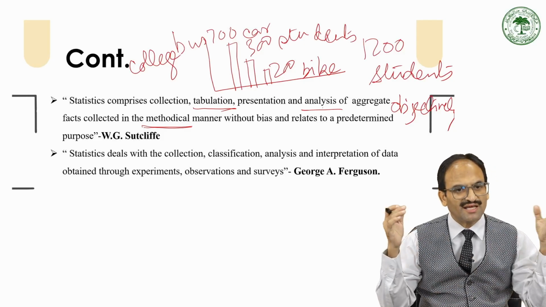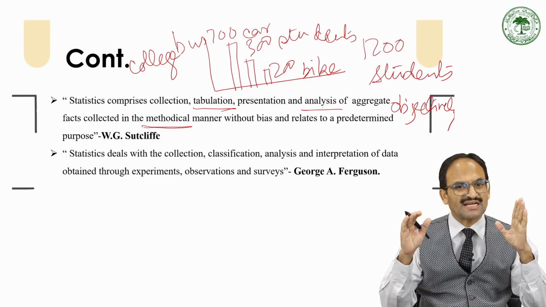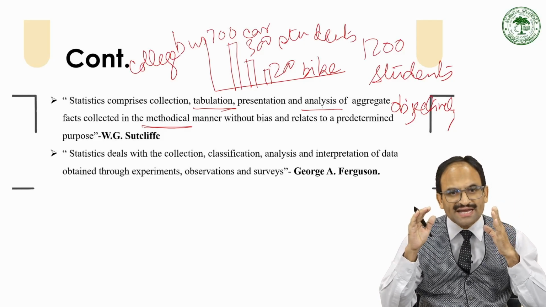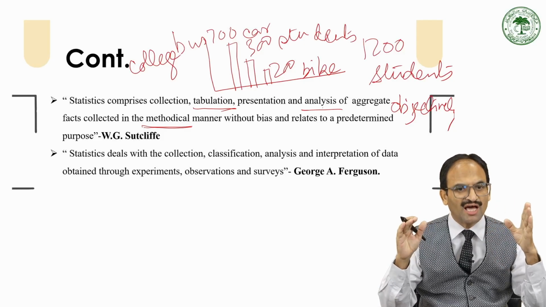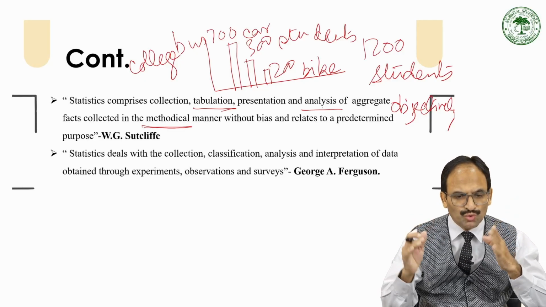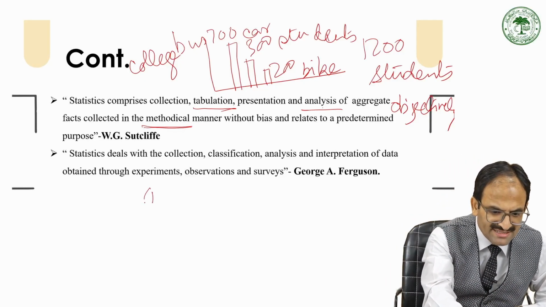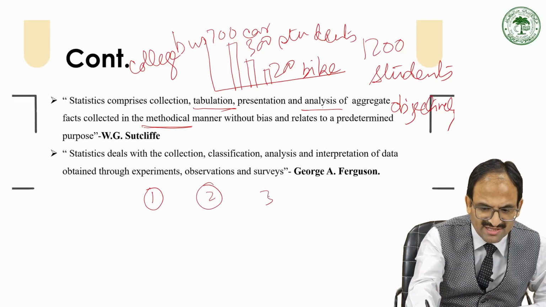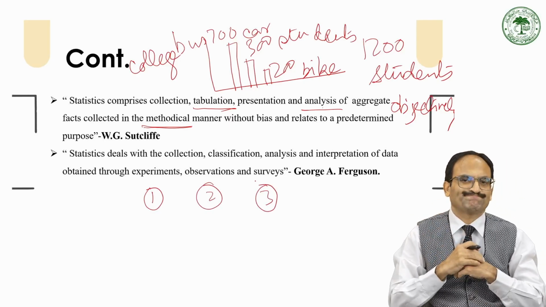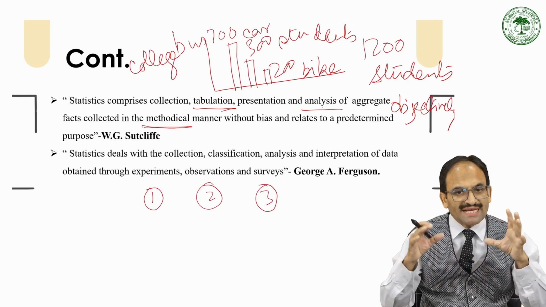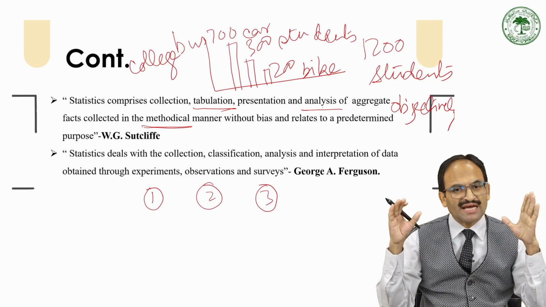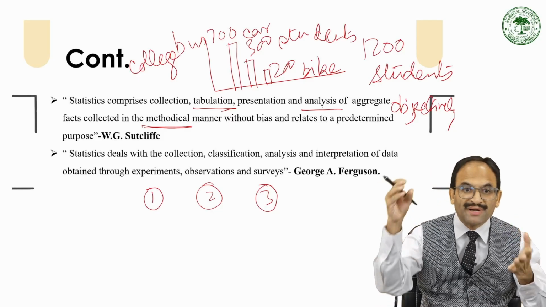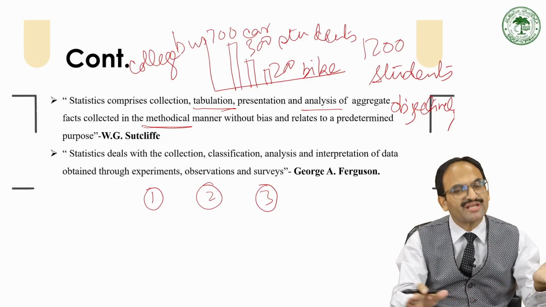That says statistics deals with the collection, classification, analysis and interpretation of data obtained through experiments number 1, observations number 2 and surveys number 3. So, in statistics we collect, classify, analyze and interpret the data obtained through these 3 ways.